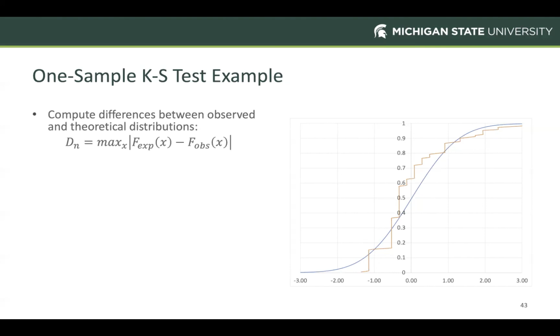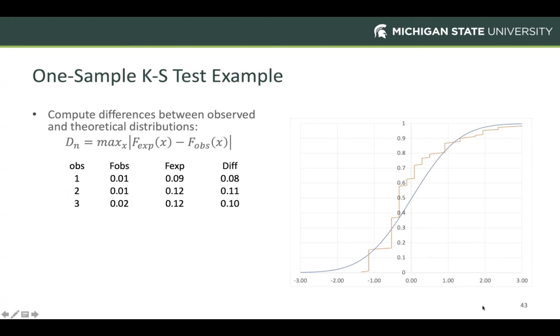I won't go through full calculations here, but for the first 3 observations, as an example, we have our observed cumulative density function score and our expected cumulative density function score for that first observation. You'll notice it's a relatively large difference for this point, and likewise for each of the 2 subsequent points as well.